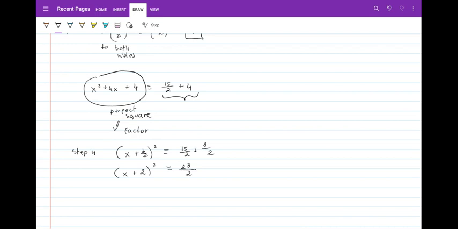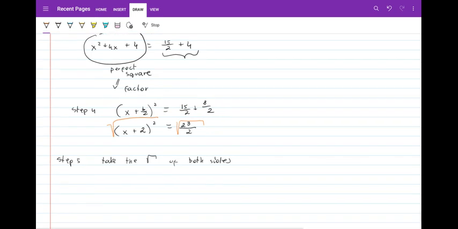Okay, and now having this one, the last step, step 5, take the square root of both sides. So I'm taking the square root of the left side, square root of the right side, and we end up with x plus 2 equal positive negative square root of 23 over 2.